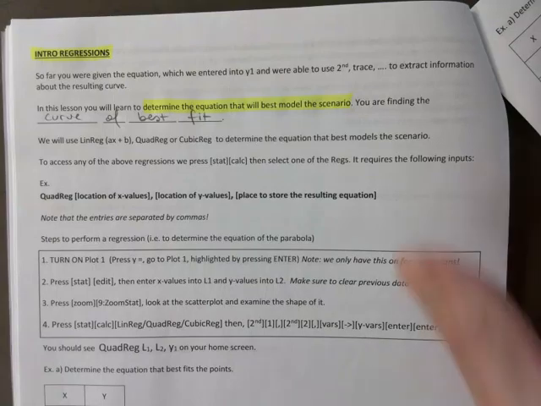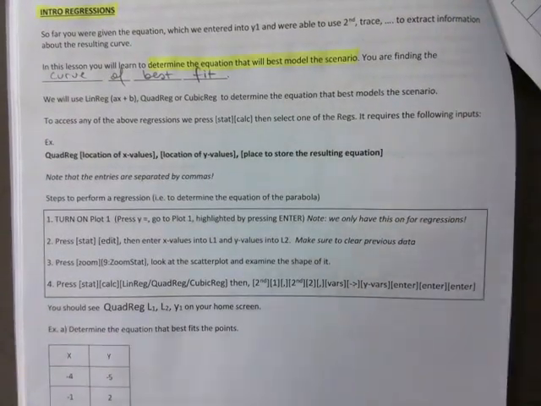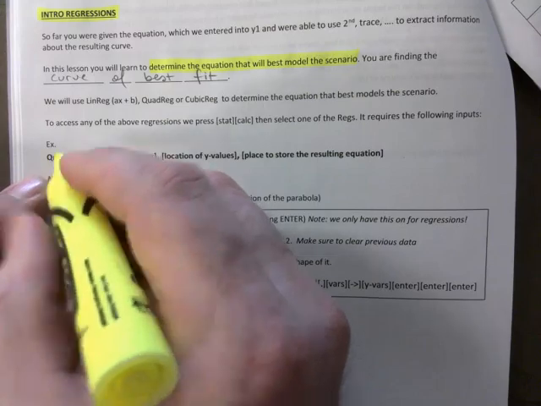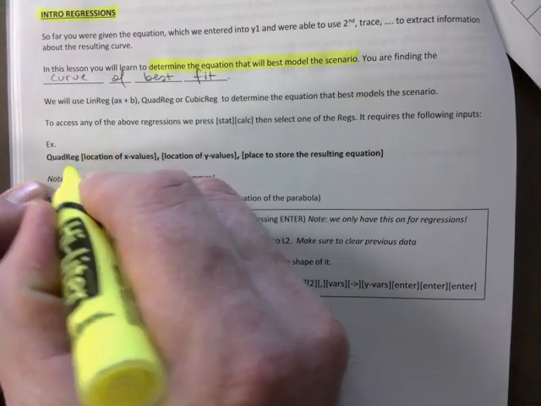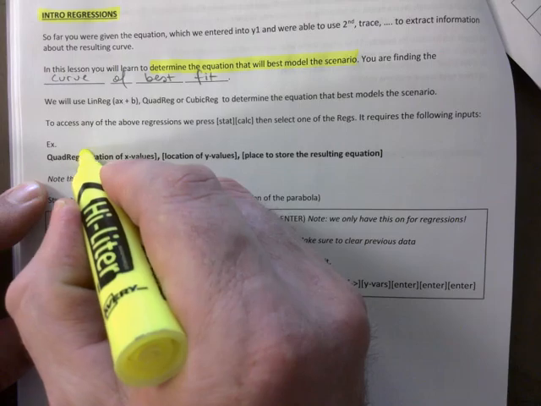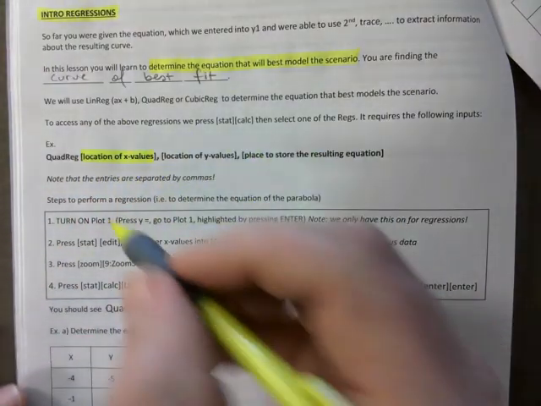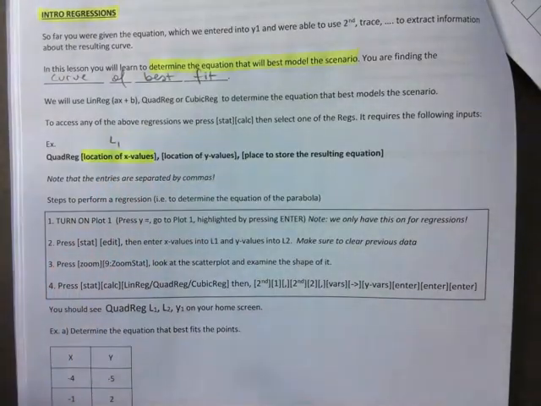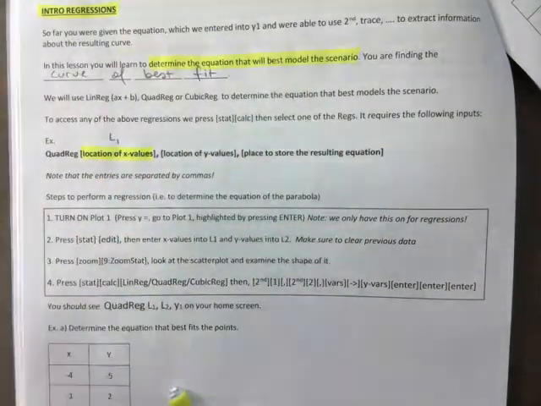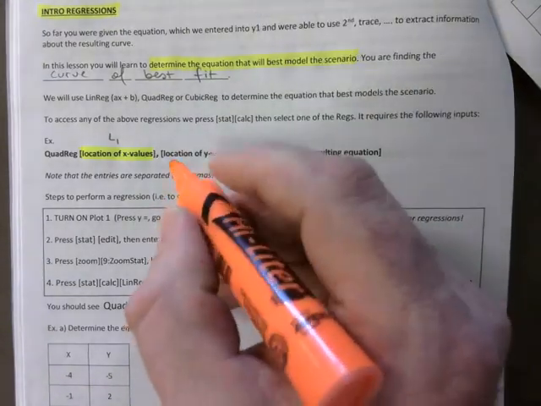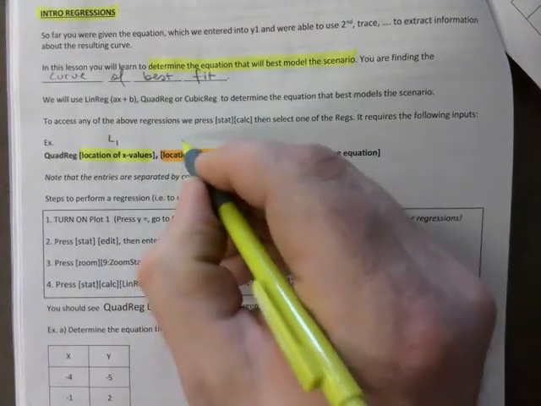And how do you use those regressions? This is essentially what every regression calls for. Quadratic regression, for example, it asks you for location of the x values. Where did we normally put the x values? We usually put them in L1. It's basically a spreadsheet, right? You want the location of the y values. We usually put them in L2.